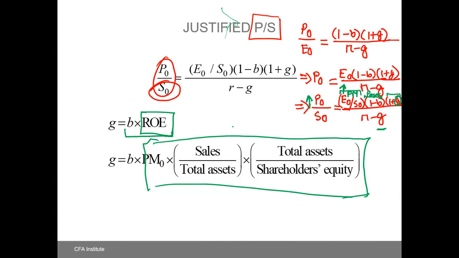So you see that all these factors, what we have discussed here and what we have found here, are influencing the justified price to sales ratio.